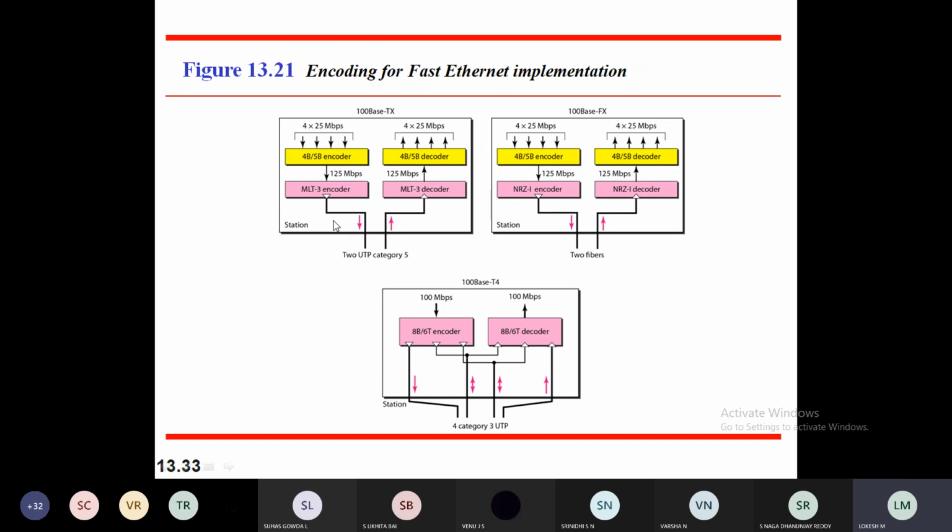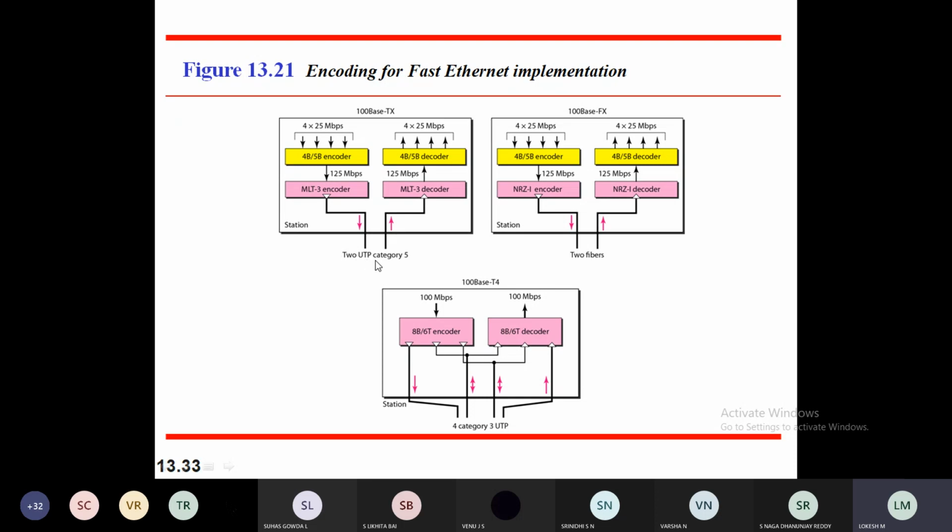This is one station, and there is another station. Within the station, encoding and decoding techniques are performed, because many clients may be working at each station. To communicate with them, this technique is used.